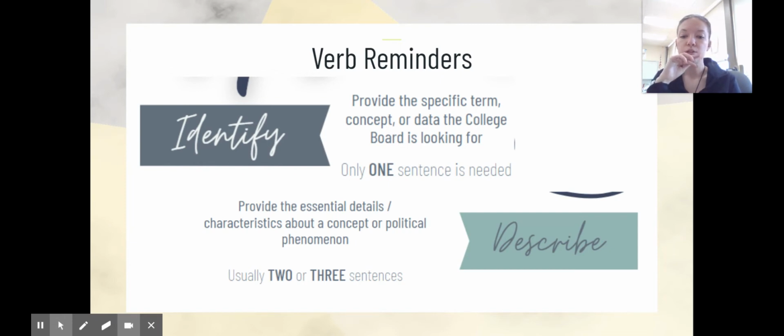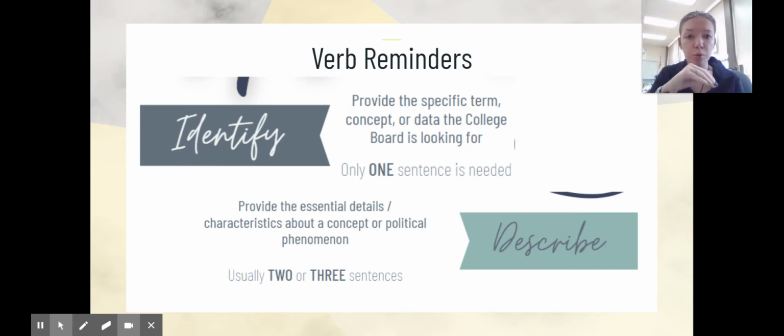Okay. Describe is another of the verbs that you will see quite a bit. This is kind of a gray area because it's not really one sentence, and it's a little bit more involved than identify or define. But you're going to provide details and characteristics about a concept or phenomenon. So usually describe is going to be 2 to 3 sentences.